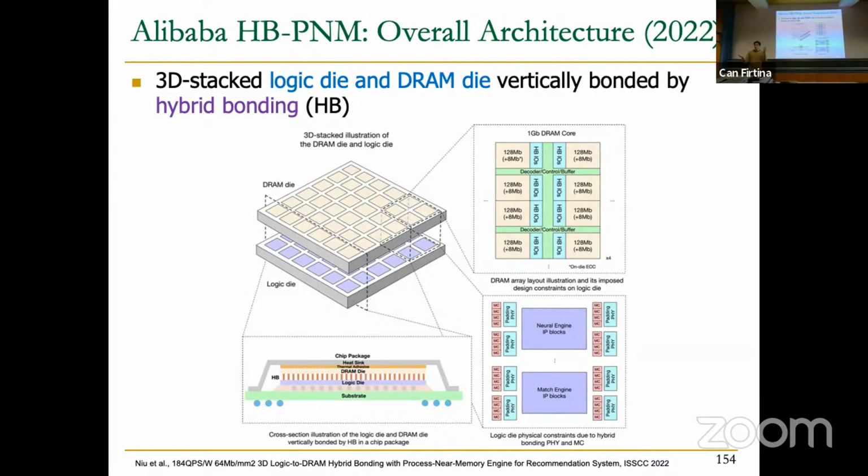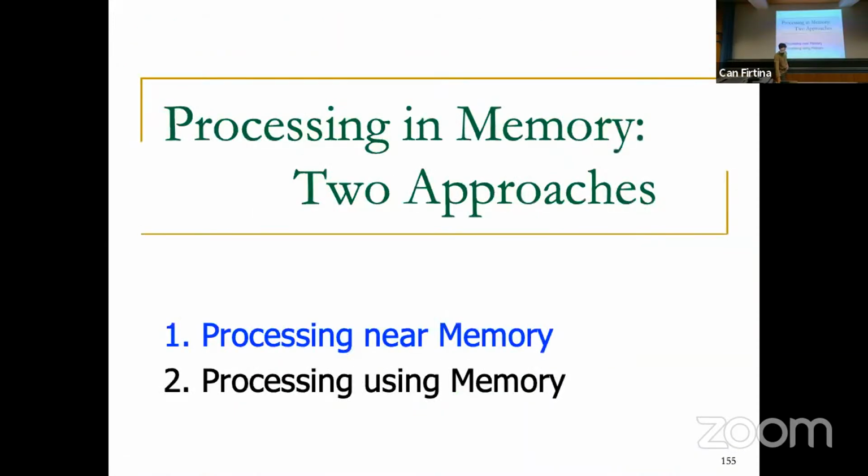Essentially, the idea is fabricating the layer with logic, the layer with the accelerator on one hand, and on the other hand creating the DRAM die, and then you bond them with the specialized hybrid bonding technology. And this way you have, let's say, full bandwidth between DRAM and logic without having to go through an external off-chip memory bus or something like that. So that's why we call it processing in memory. It's a way of doing processing in memory as well.